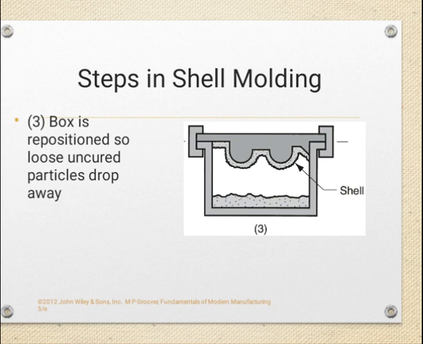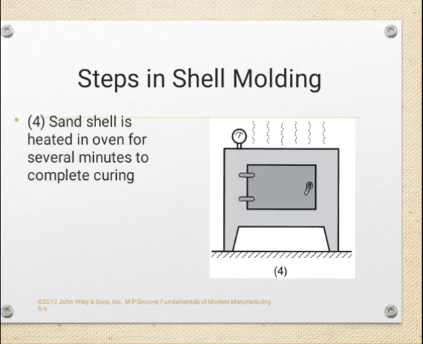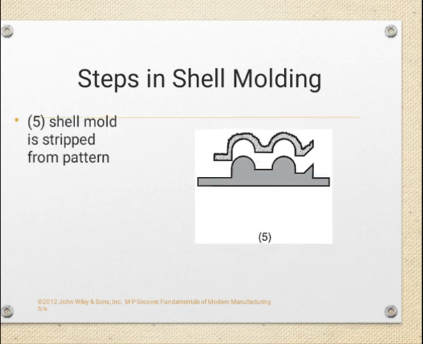Now we get the shell layer as the mold cavity. And then the sand shell is heated in an oven for several minutes to complete curing. Then, as we see in the image, the shell mold is stripped from the pattern.